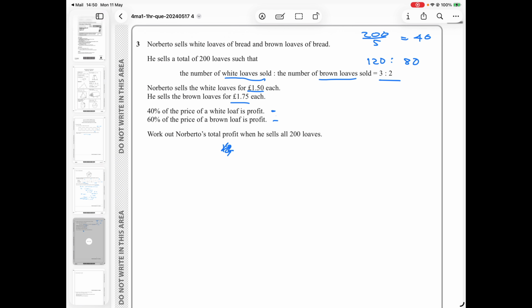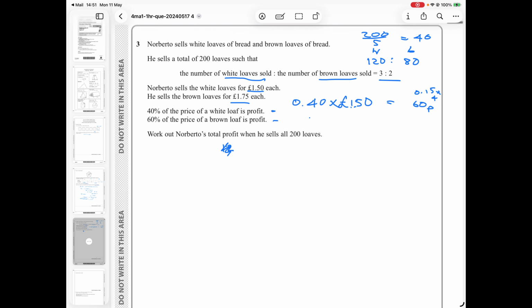So what's 40% of £1.50? That would be 0.4 times that. 0.1 is 0.15, times 4. So that means he makes 60 pence off every £1.50.